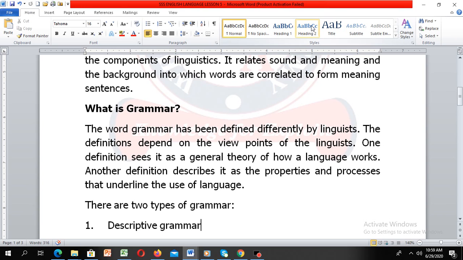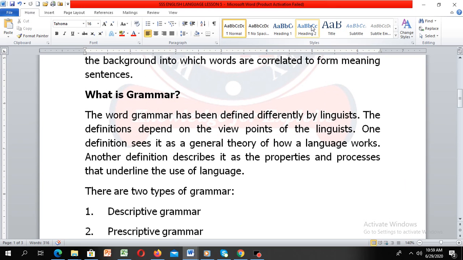Then, another definition describes it as the property and processes that underlie the use of language. So grammar describes the property and processes that underlie the use of what? Language. Okay? Are you getting it?